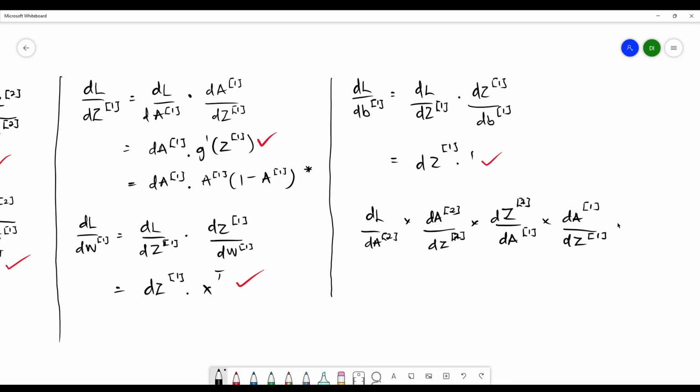That's basically what we have always been doing, and this is what dZ1 stands for. It's coming all the way from L and coming to Z, because this goes with this, goes with this, goes with this, and we have this. And so it's just quicker to write it this way.